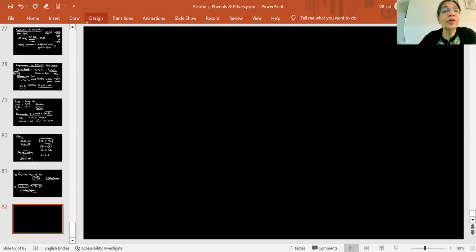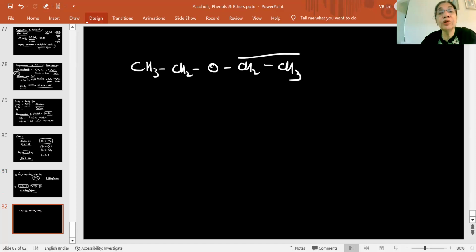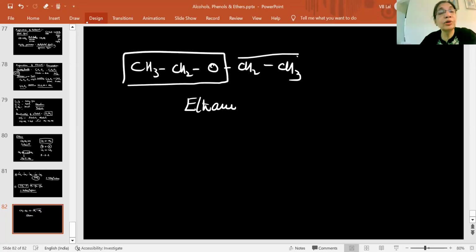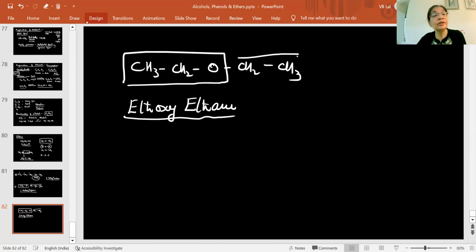Let me do this one: CH3CH2OCH2CH3. Now how will I name it? 2 carbon atoms, so what is it? Ethane, right? And this is present on the carbon atom. So what will I call it? Ethoxyethane. Okay, so these are different types of ethers.